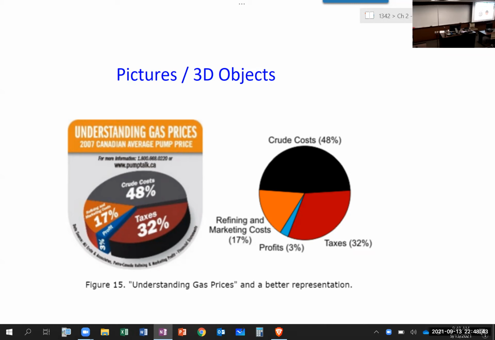The 3D one's fun, right? Isn't it cool that we can make graphs now that are 3D? Heck, Excel does it pretty easily. I think Google Sheets does it now. I think that's pretty awesome. Why would that not be the best way to represent our data?